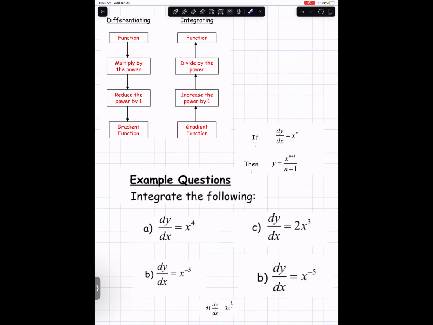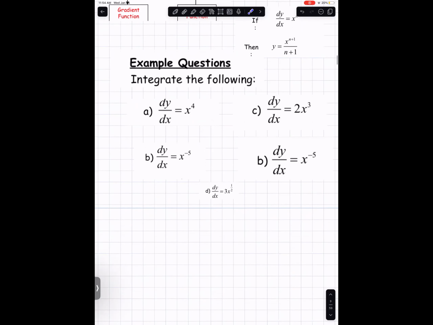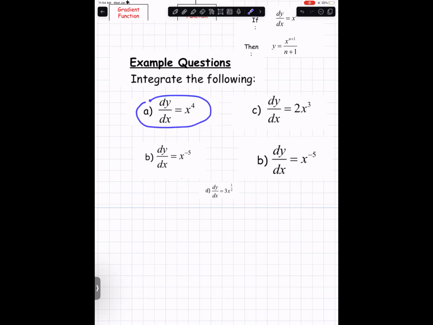So let's look at the few examples we have here, and I'll add more examples as we proceed. For example, we are to integrate y dx equals x to the power of 4. In our integration, what do we do?